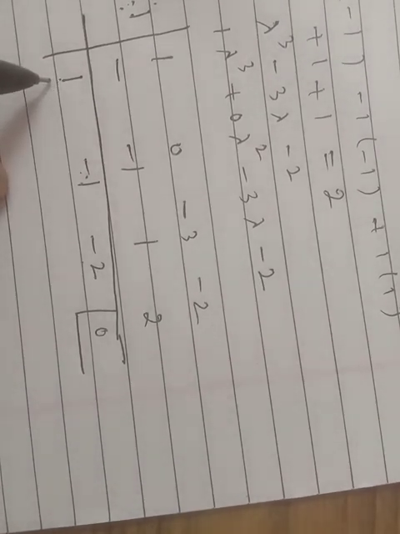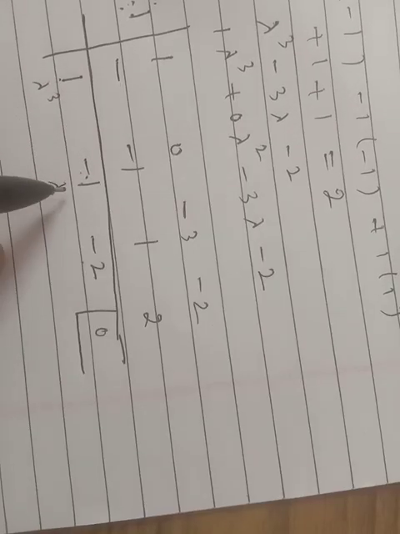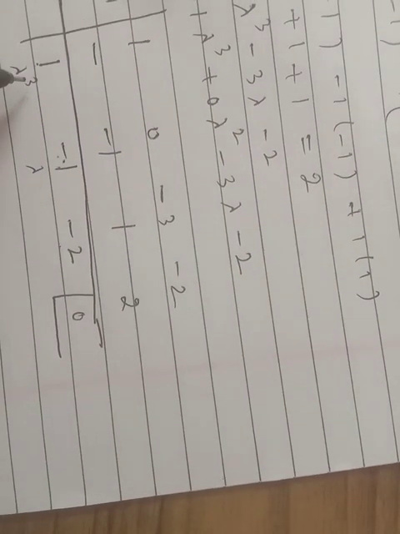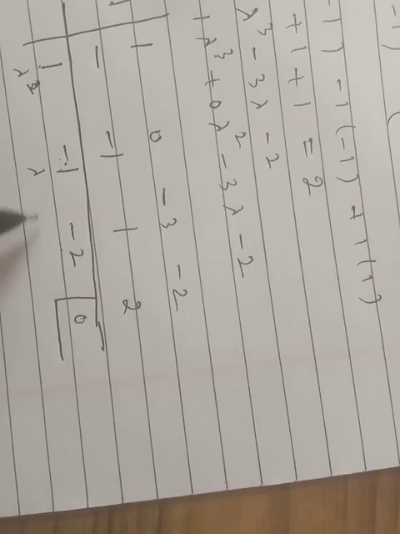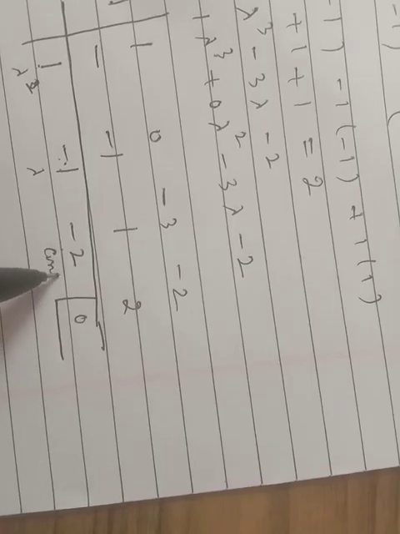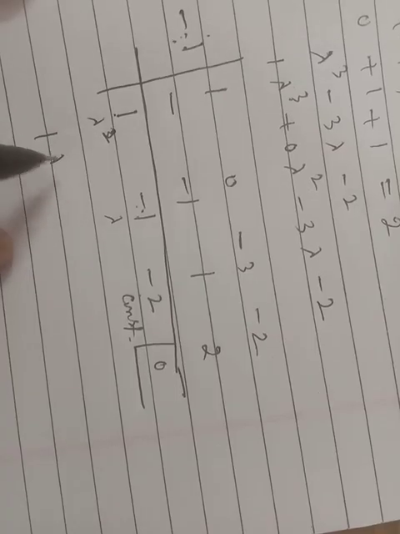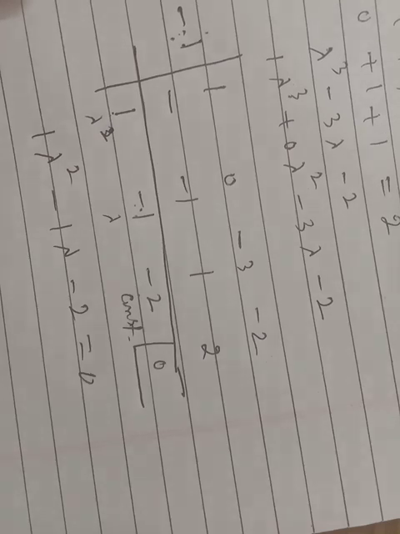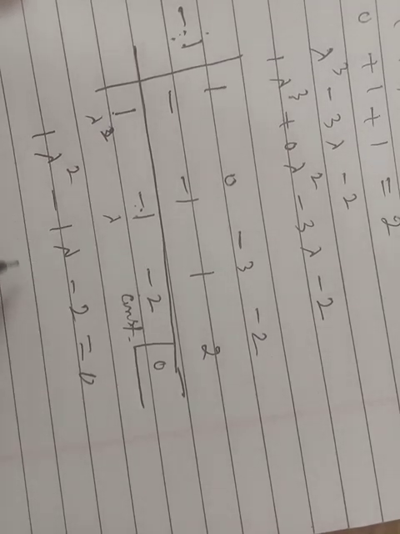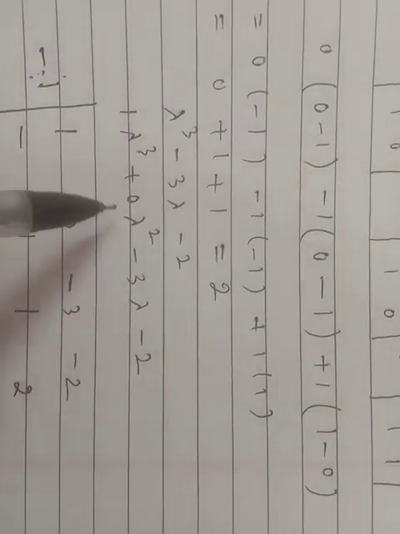This is the coefficient of lambda square, one degree less, then lambda, then the constant. So the equation becomes 1 lambda square minus 1 lambda minus 2 equal to 0. Then solve this by the quadratic formula. In this way we can solve a cubic equation.